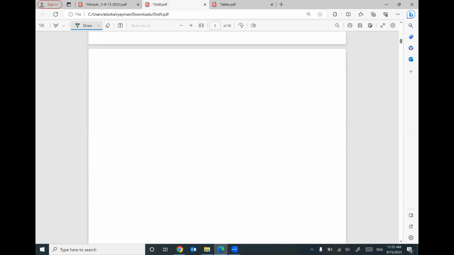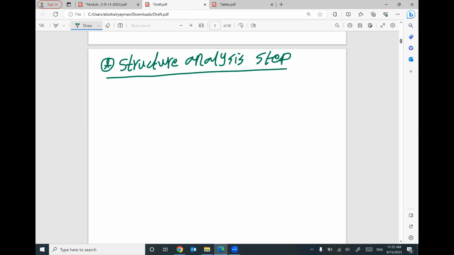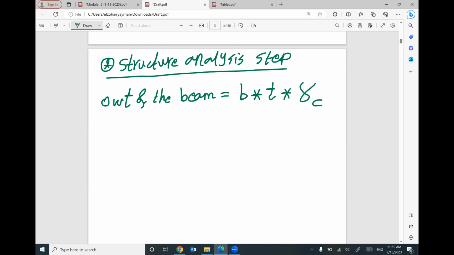So I need to start first with the structural analysis step. To figure out the own weight of the beam, you need to multiply the width by the thickness by gamma concrete.